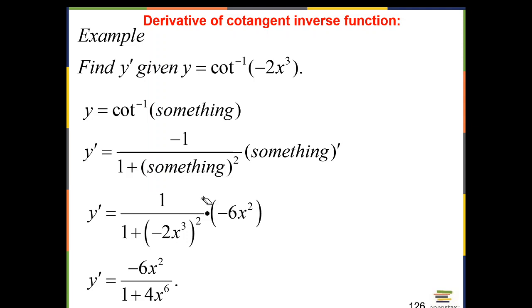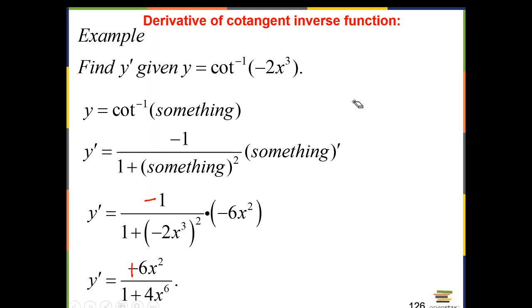Looks like I'm missing something here. Did I miss a negative? Looks like I did, right? So let me put a negative here and fix it later. So it's going to be negative 1 over 1 plus this thing to the second power times derivative of this, which is negative 6x squared, right? So this negative makes it a positive. There you go. Fixed it.